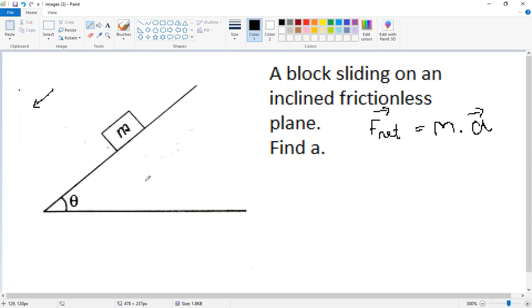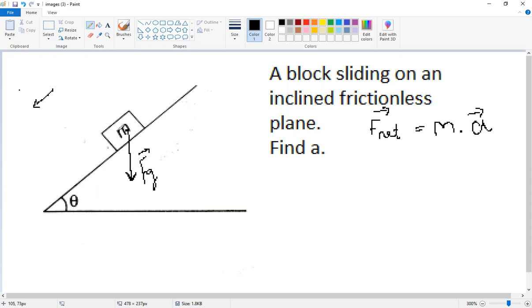This is the weight vector, or the gravitational force, Fg, and we represent it by a vector which is vertically directed downward.